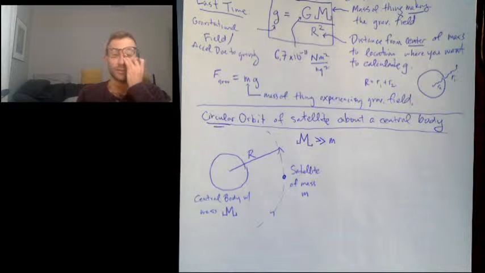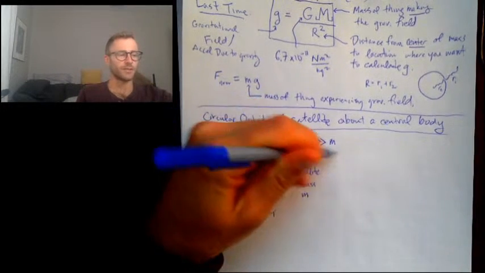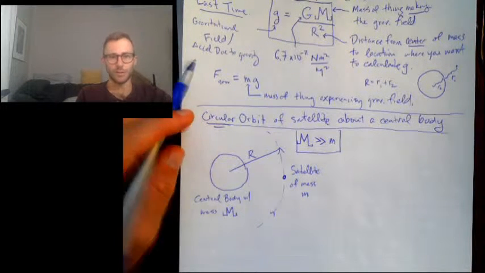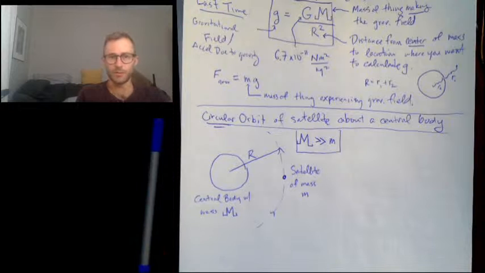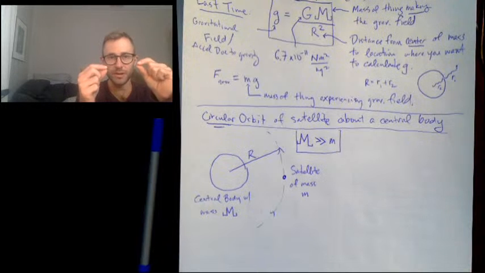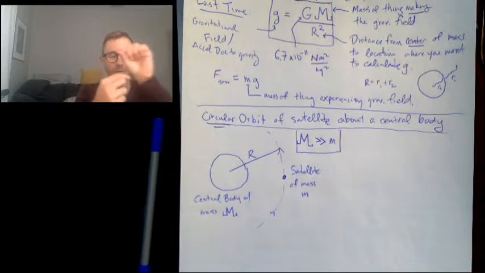That's a symbol that's used in math sometimes. Why is it important that the mass of the central body is much greater than the mass of the satellite? Well, if you have two things orbiting that are of equal or nearly equal masses, we have something that looks like this. They dance around each other.